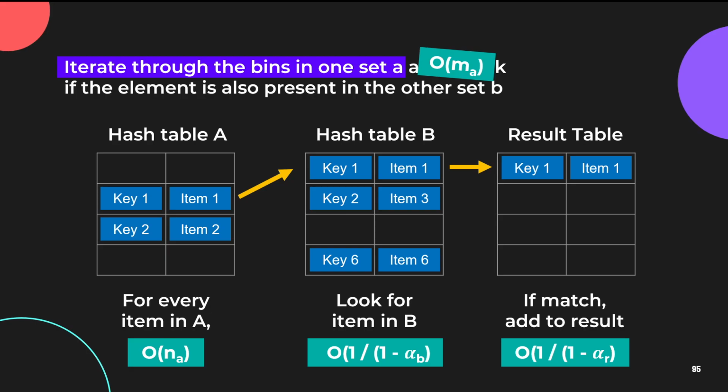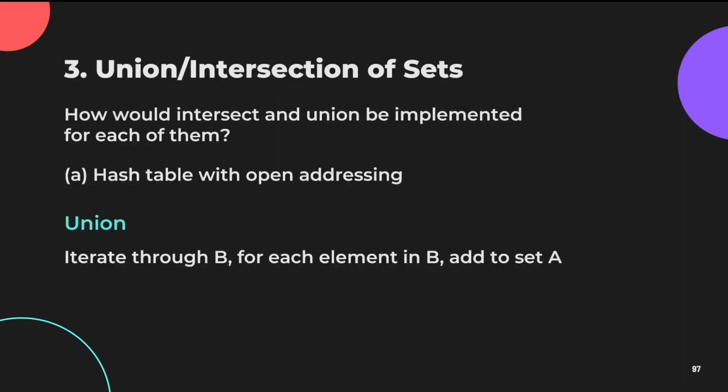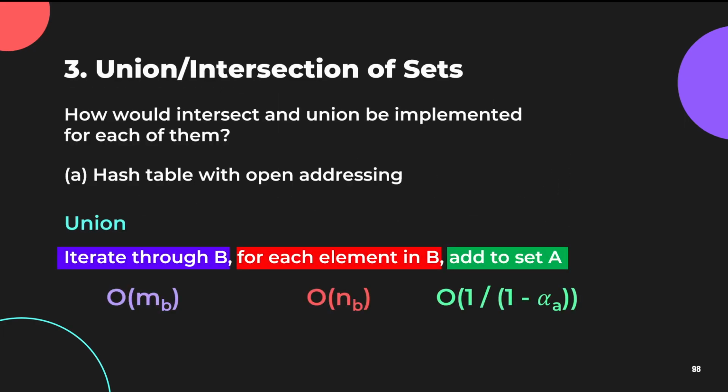But for union, I can just merge one table into another if I want it to be mutable. If I don't want it to be mutable, if I want to create a new union, then that will be similar to this also. For the union, I will need another 1 over 1 minus alpha, but this time I need to multiply it by, in the worst case, the elements of NA plus NB combined, because I need to add everything.